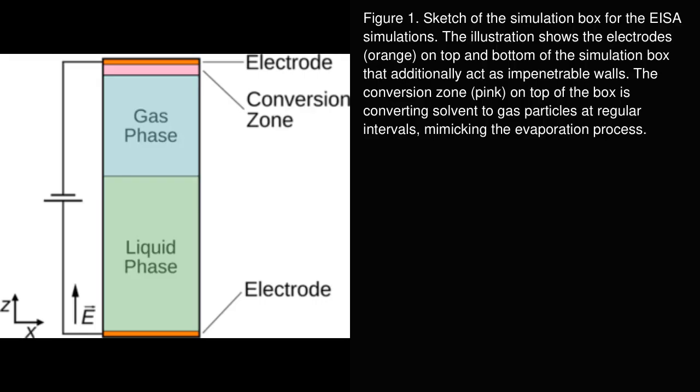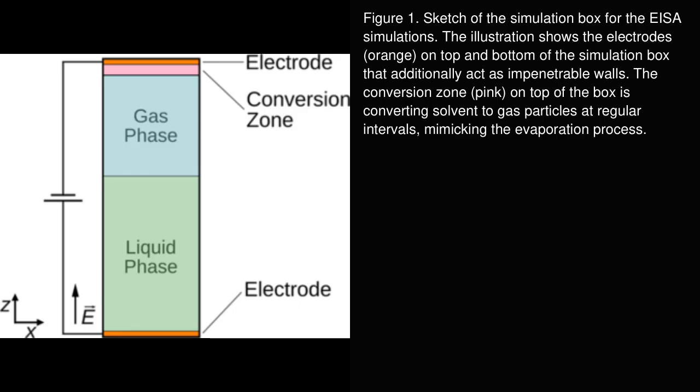Figure 1 illustrates the simulation box used for the evaporation-induced self-assembly simulations. The box is confined at the top and bottom by electrodes depicted in orange, which serve as impenetrable walls, as well as sources of a homogeneous external electric field, oriented perpendicular to the film surface. This boundary setup mimics experimental conditions, where electrodes apply electric fields across thin films.